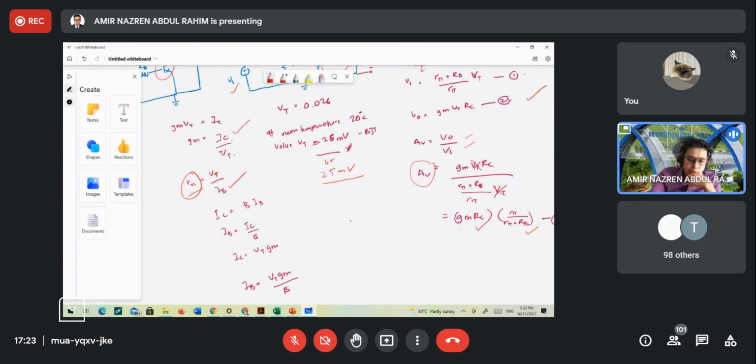IC we already know, and VT we know is 25 millivolts. So R pi equals VT over IB, so VT is 25 millivolts over IB is 10 microampere.